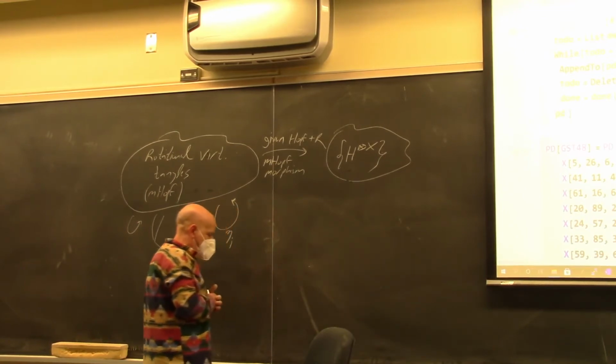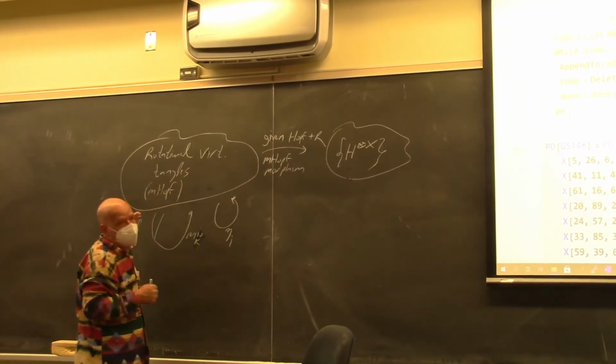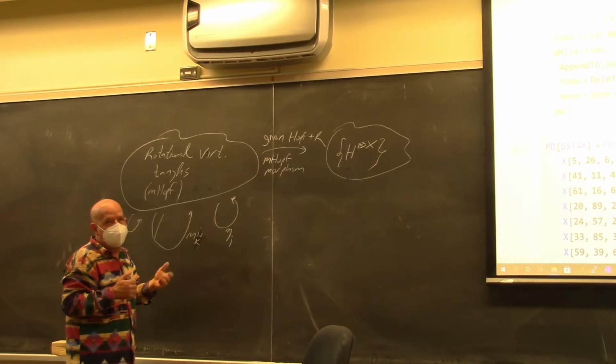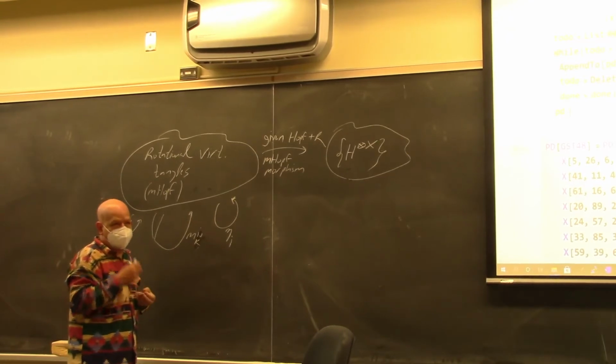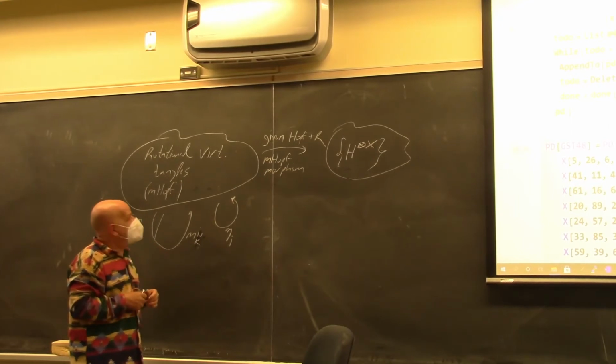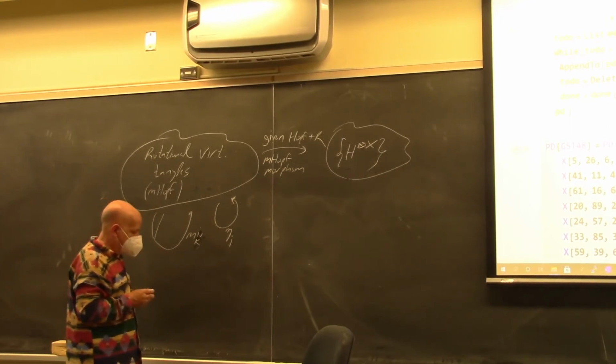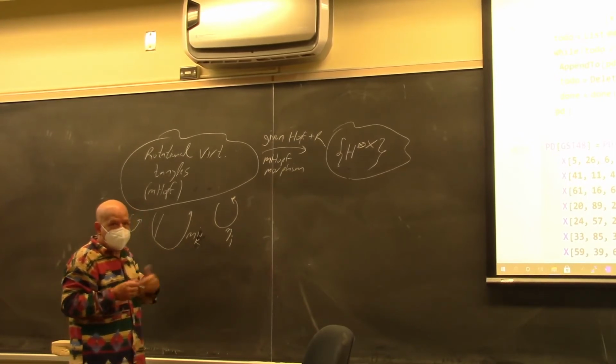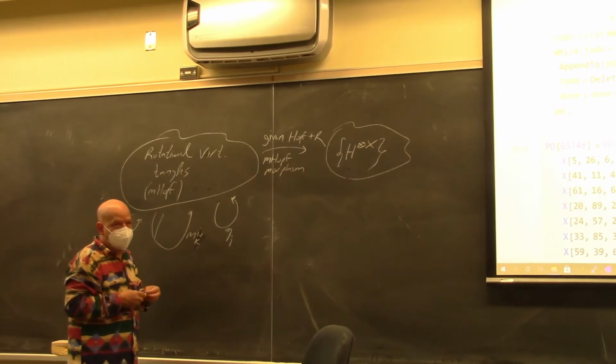And the first example was virtual tangles. We actually had a running example, but it was a bit pathetic because it was running really slow. And then, for reasons that are unclear to me, there aren't many other examples.